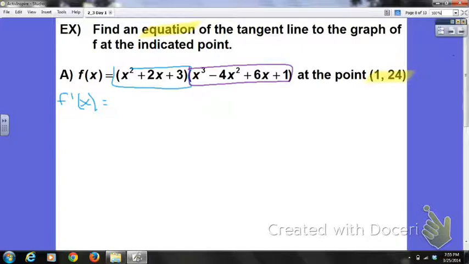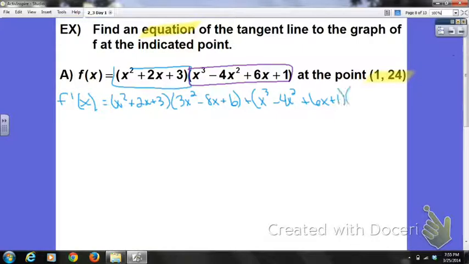So it's equal to the first, x squared plus 2x plus 3, times the derivative of the second, which is 3x squared minus 8x plus 6, plus the second, x cubed minus 4x squared plus 6x plus 1, times the derivative of the first, which is 2x plus 2.